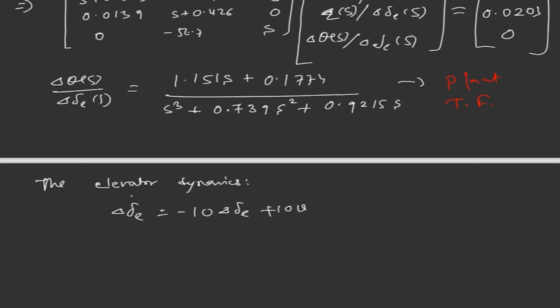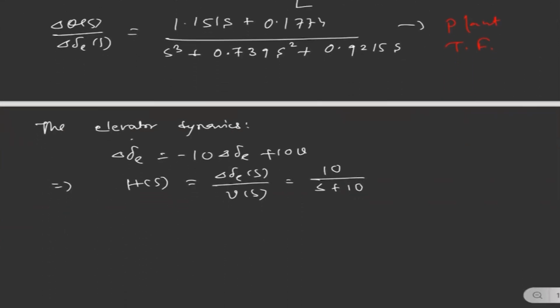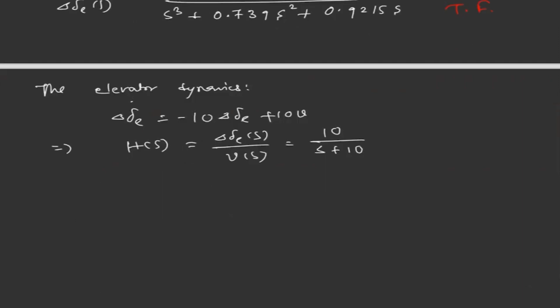And if we apply the Laplace transform with zero initial condition, we can find H(S) equal to delta delta E(S) divided by V(S), which is equal to 10 by S plus 10. So this is H(S). So the first problem is done. Now we'll do the second part.